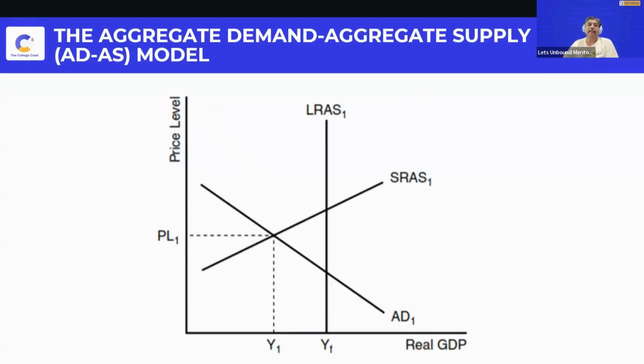Then the aggregate demand and aggregate supply model, AD-AS, with points where the short-run aggregate supply meets the aggregate demand, or the long-run aggregate supply meets the aggregate demand. You should be in a position to interpret these graphs.